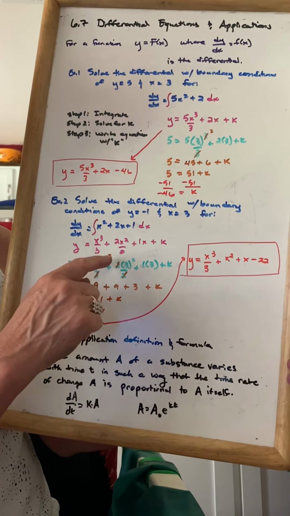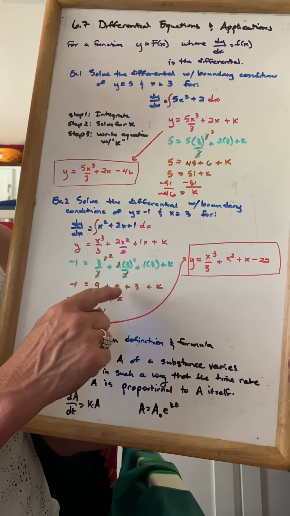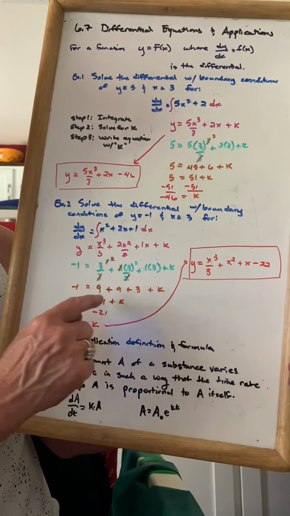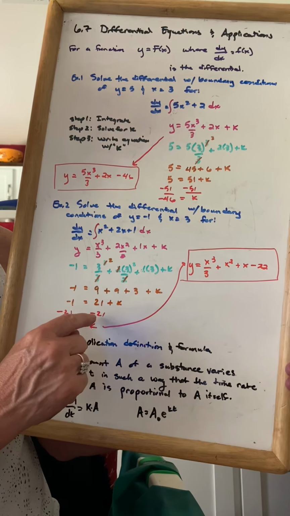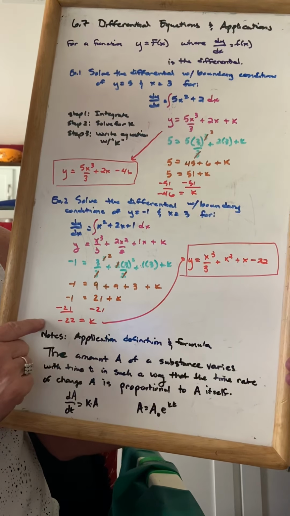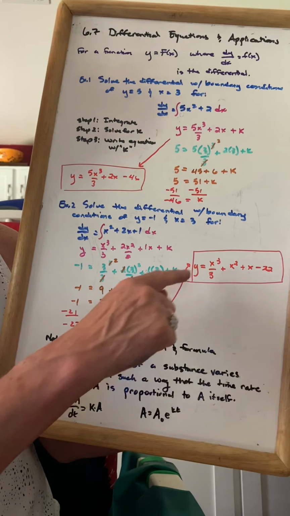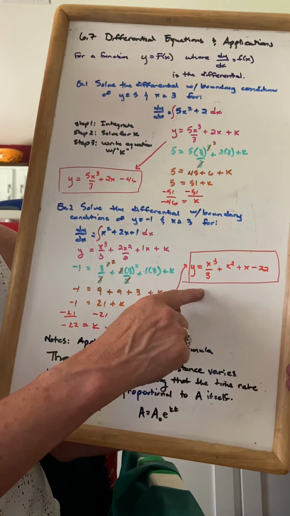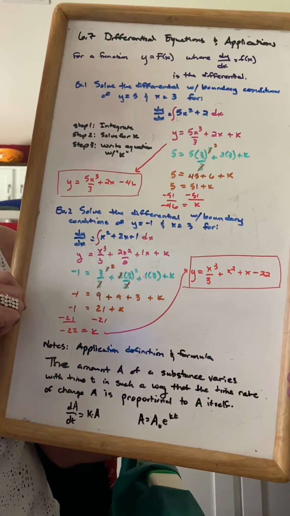Notice I cancel one set of 3, so I get 3 squared, which is 9. 3 squared again, which is 9, plus 3 plus k. 9 plus 9 plus 3 plus k is 21 plus k. Minus 21: negative 1 and negative 21 make negative 22. So k equals negative 22. You put that back into your equation. y equals x cubed over 3 plus x squared plus x minus 22.